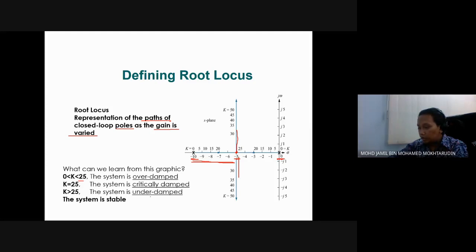Overall, the system is stable for any K value bigger than 0 because there are no poles on the right-hand side. So from the root locus, you can understand the system stability only by looking at where the root locus is located in the S-plane.